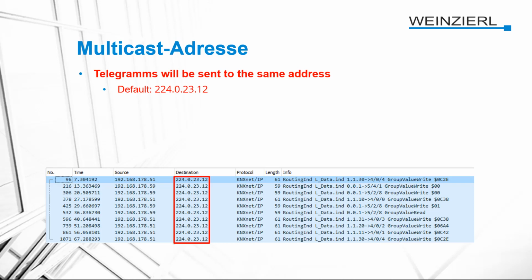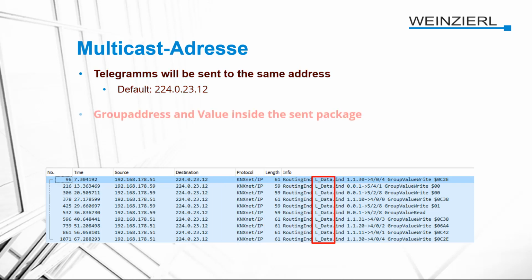And then in the information field, you can see the value and the group address that is going to be sent. So in the first telegram, for example, we can see that there is a message sent to the group address 4/0/4 by the physical address 1.1.30, and behind that we can see a value which probably is an analog value.